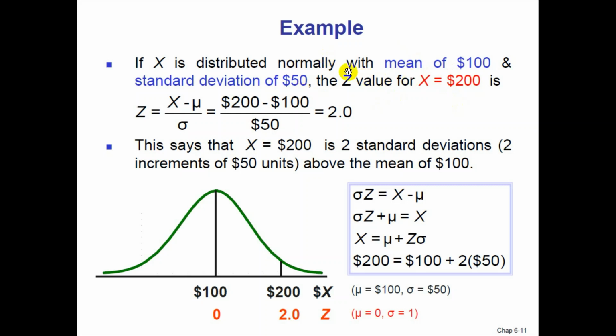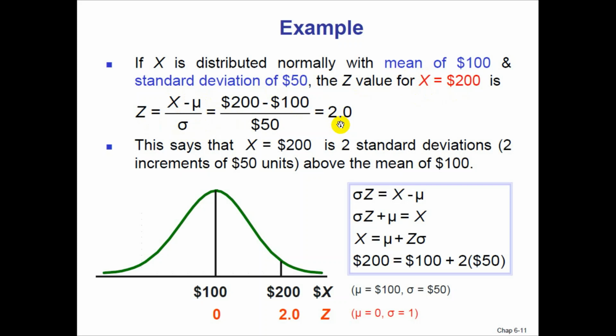When you read this, I suggest you convert them into symbols: mu equals 100, sigma equals 50, and x equals 200. How do we compute the z-score? Just plug all the values into the formula, and you should get 2.0.